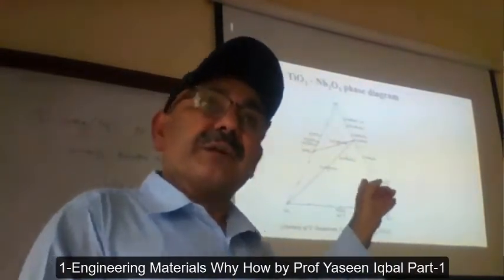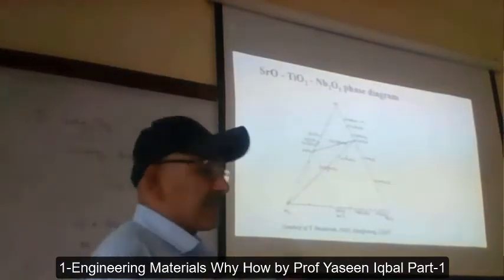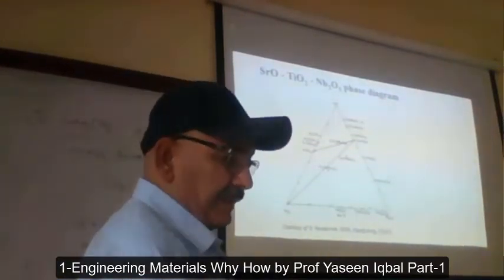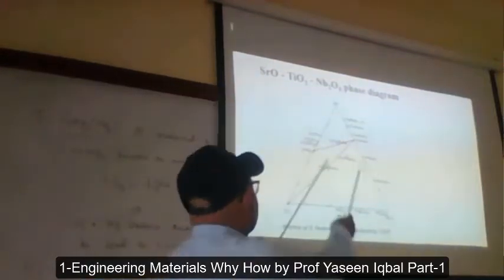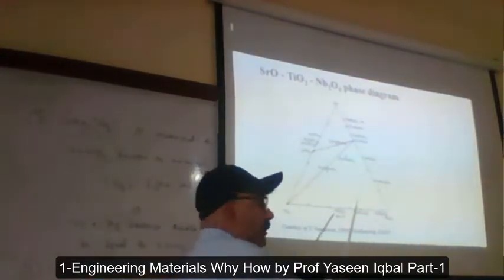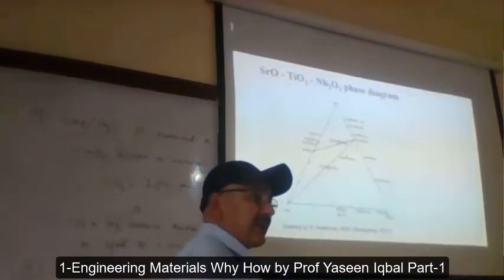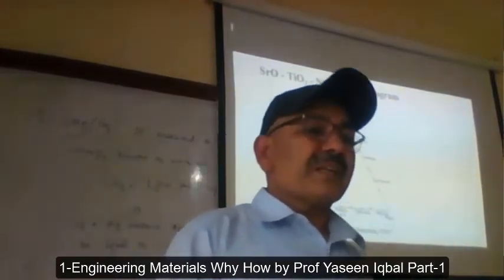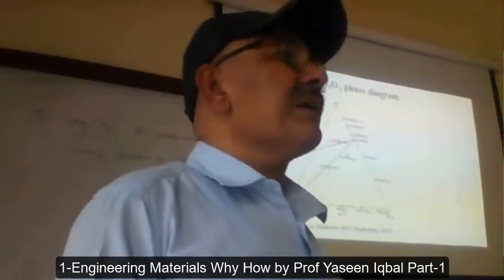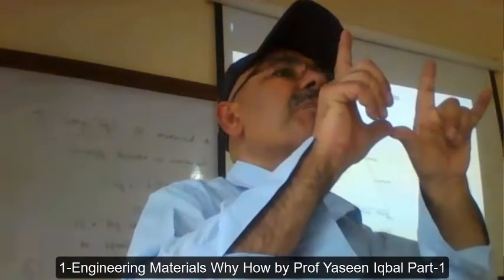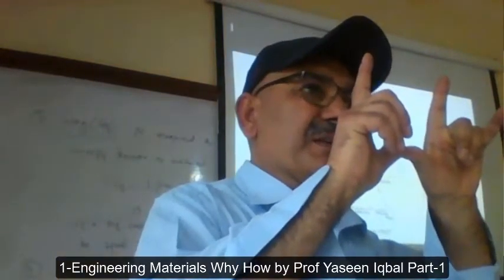For that, you take that composition here. If you are going from this, they are equal. But if you are taking here or here, then you are making different triangles, because it will be described by the ternary phase diagram. Up to now, we were talking of binary phase diagrams, right?